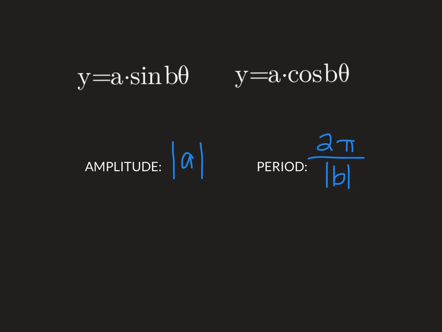Does it make it take longer to complete one cycle, or is it shorter? Okay, so amplitude and period. Amplitude is the absolute value of A. The period is 2 pi divided by the absolute value of B. Most of the time, our B value is going to be positive. But in case it's not, those are our values.